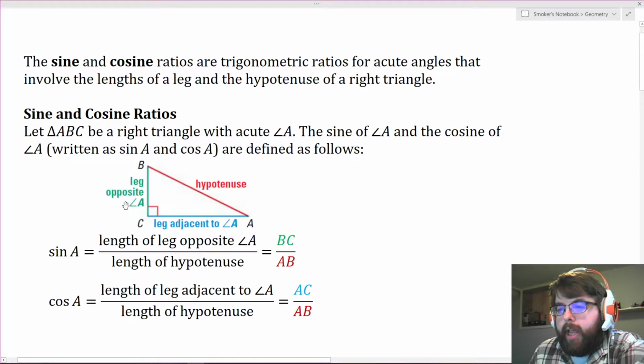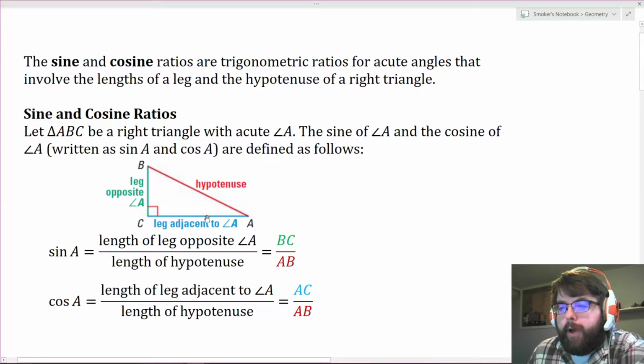There are three sides to a right triangle: hypotenuse, opposite, and adjacent. And with sine, cosine, and tangent, we have a comparison of all three of these. Any two of these three sides are now compared with one of these trig functions.